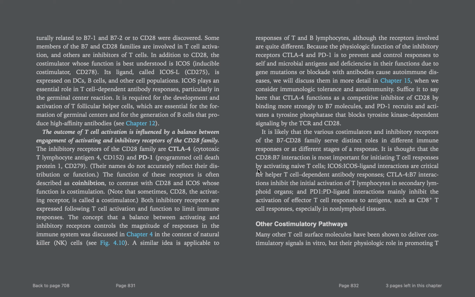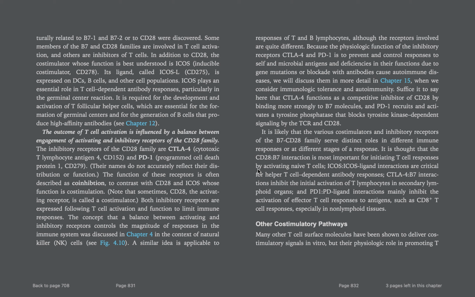In addition to CD28, the costimulator whose function is best understood is ICOS. Inducible costimulator is CD278. Its ligand, called ICOS-L, CD275, is expressed on dendritic cells, B cells, and other cell populations. ICOS plays an essential role in T cell-dependent antibody responses, particularly in germinal center reactions.